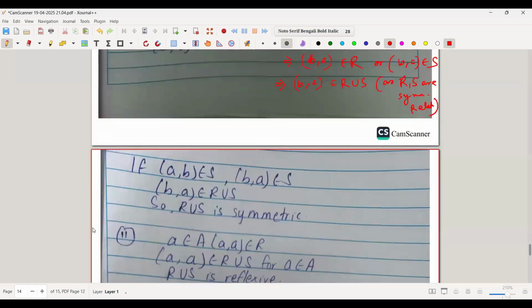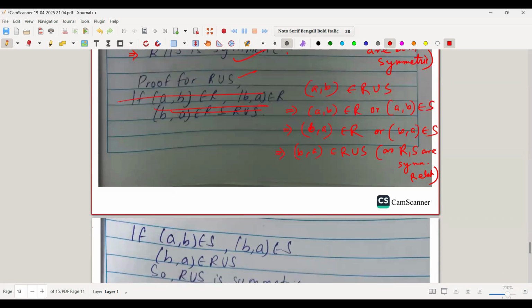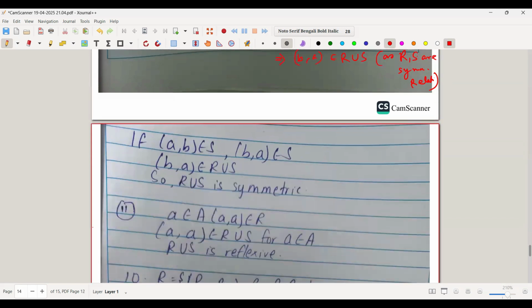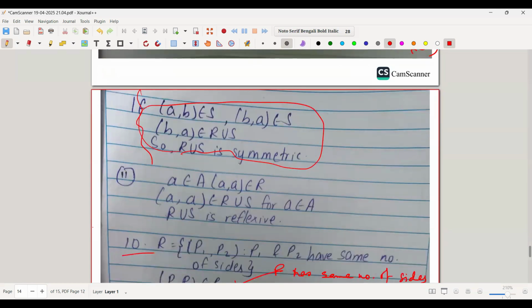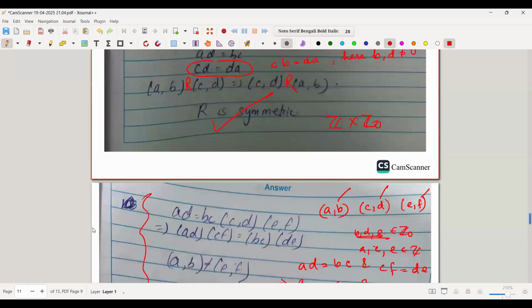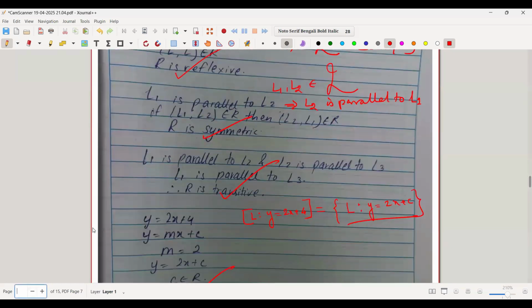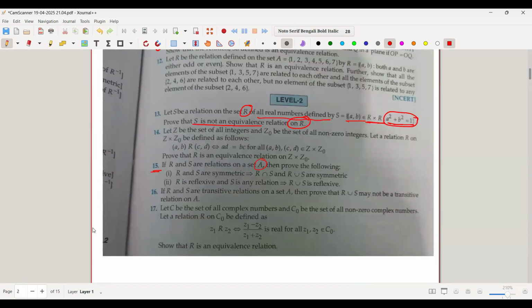Okay, now. What is this part? Okay. Now R was a reflexive relation and S was any relation on A. So R was reflexive and S is any relation.